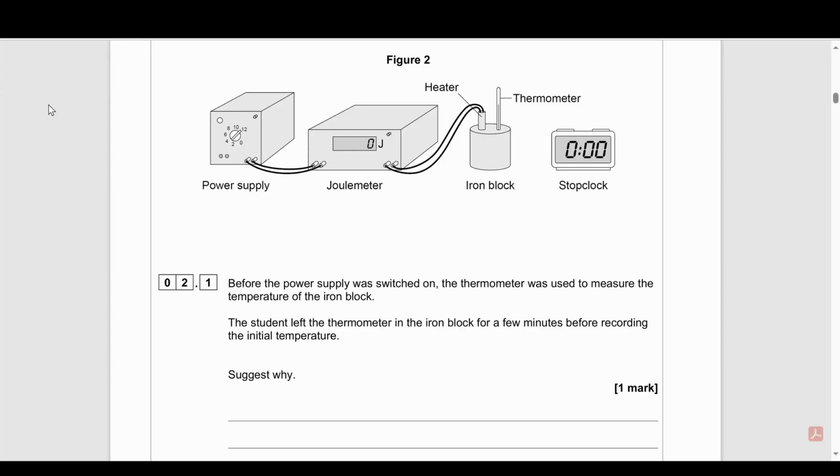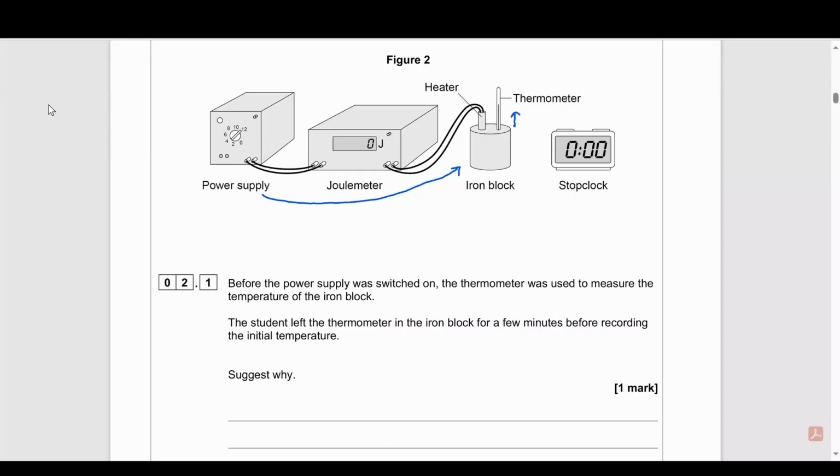So let's think, what's going to happen when the power supply is turned on? Well, that would eventually cause the heater to heat up, because energy is going to be supplied to it. And then that would in turn cause the iron block to heat up, which would cause there to be an increase in the reading on the thermometer, so an increase in the temperature.